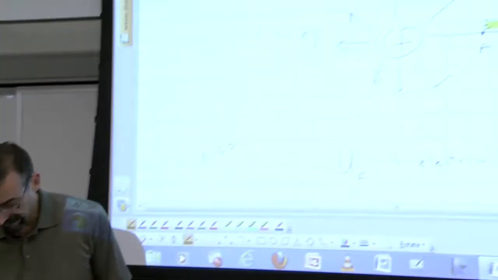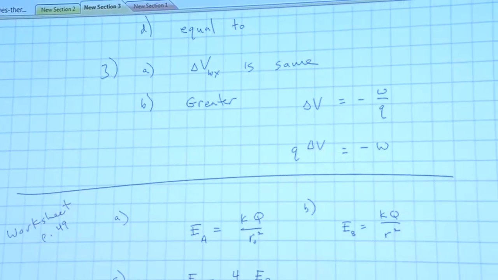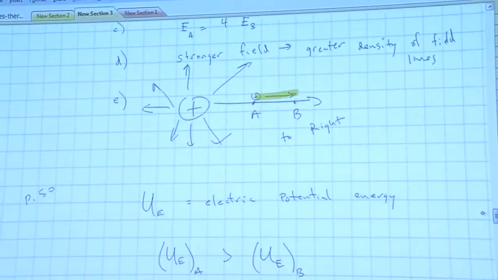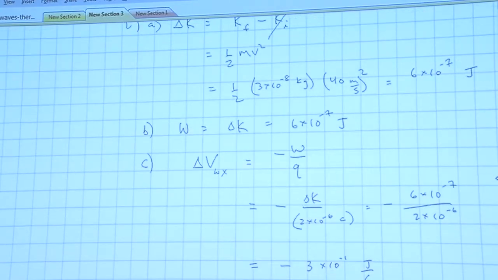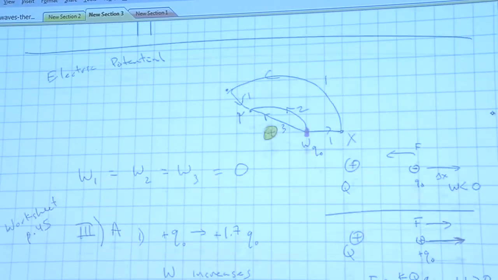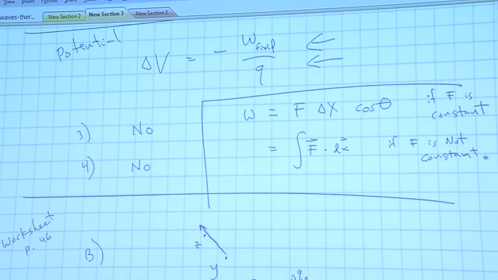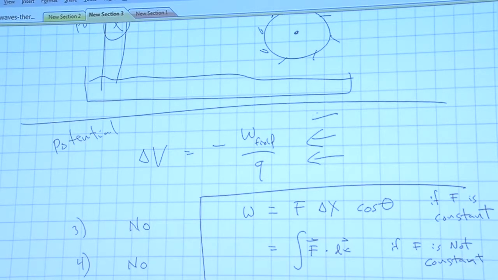If we go back up here to our, where's our equation? There it is. One more arrow. Delta V, negative work done by the field over Q, right?